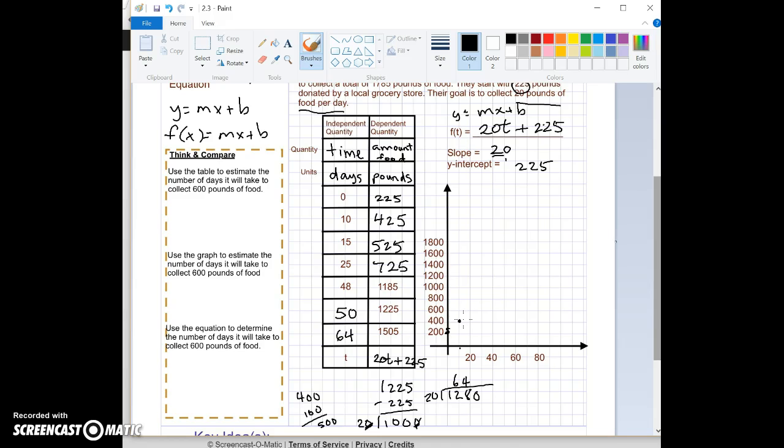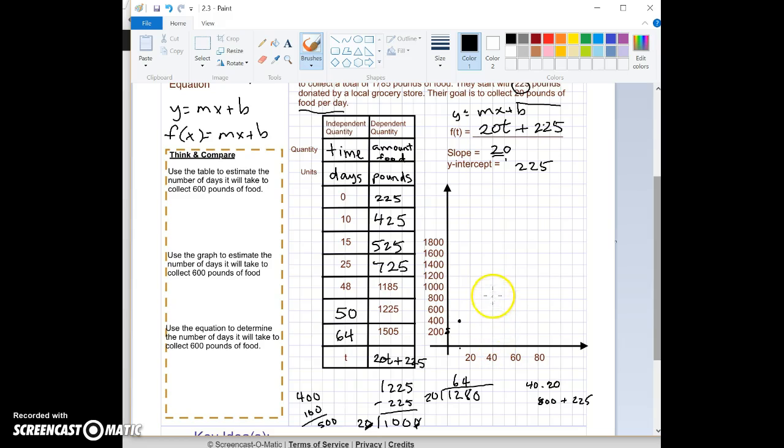I'll just figure out after 40 days, how many would I have? Well, 20 times 40 is 800 plus 225, right? So that would be 1,225.